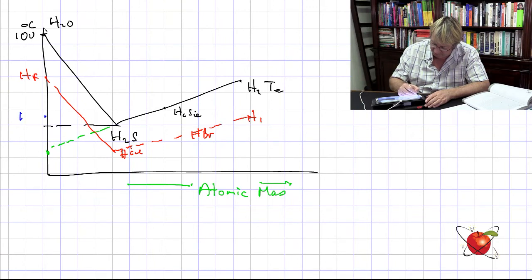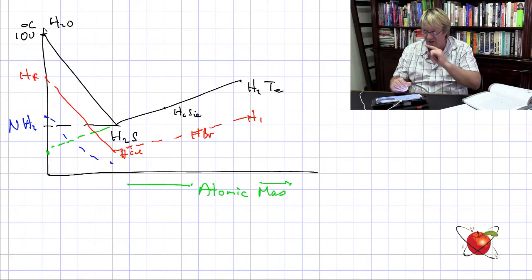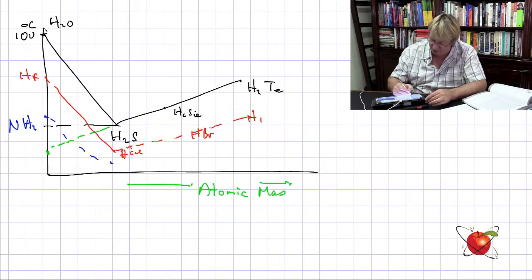Similarly, the last one of all that you see is ammonia on it as well. Let's just put that in blue. Over here, you will see NH3, and coming down over here, you'll then see, now what is below it? PH3.